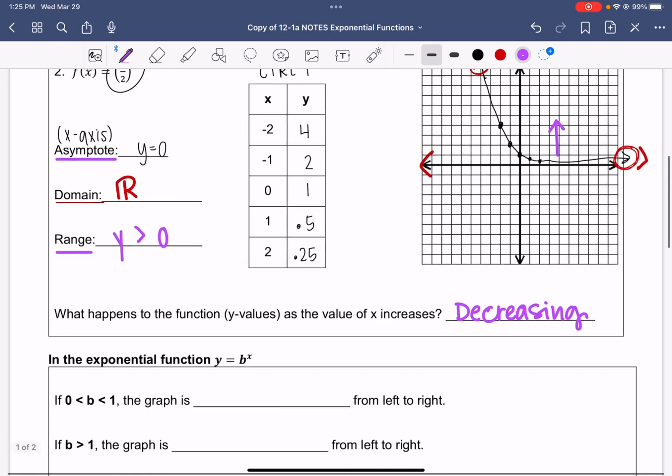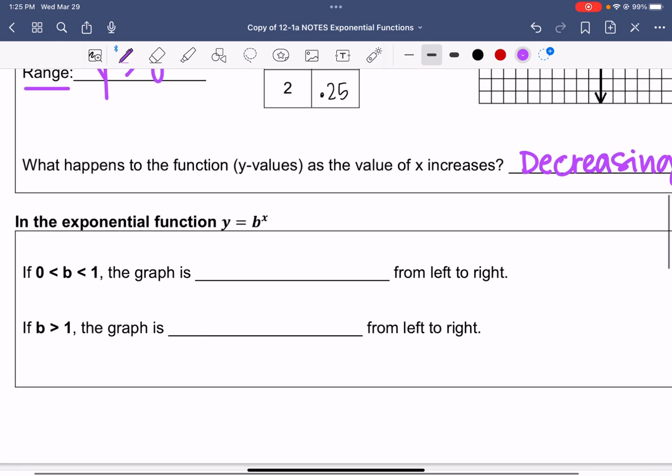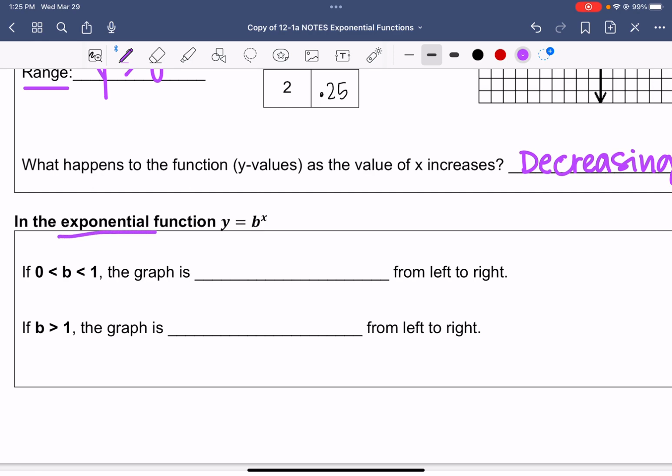All right, so here is your rule of thumb. In exponential functions, B stands for your rate. B is your rate. So pretty much how fast the graph is moving up or how fast it's moving down.